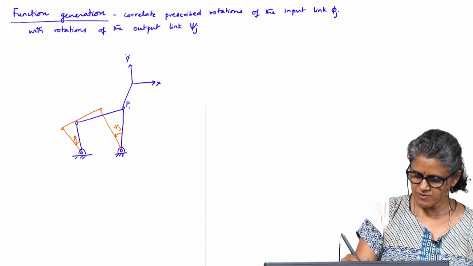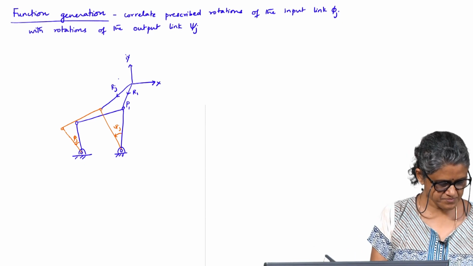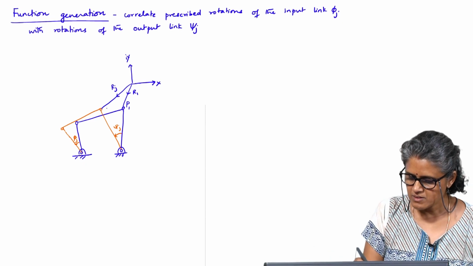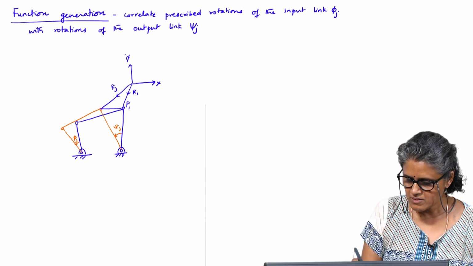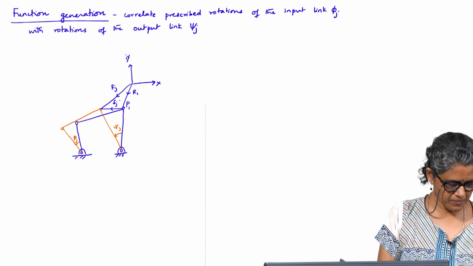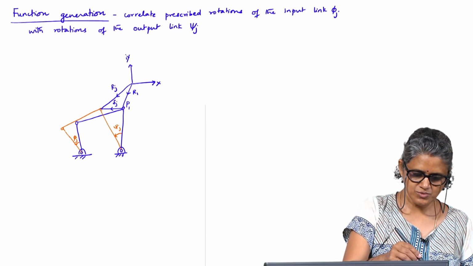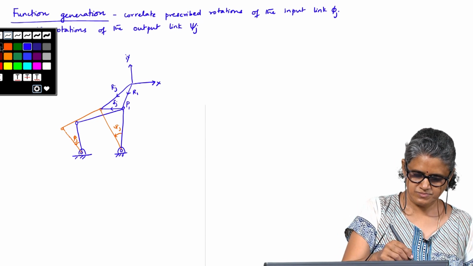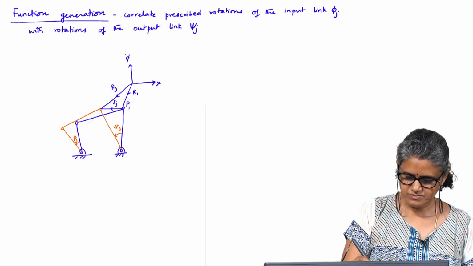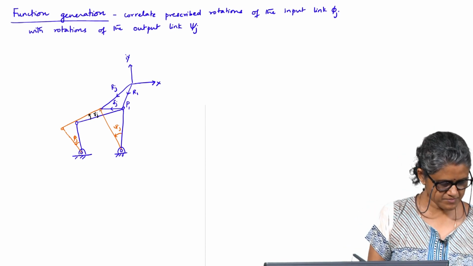So, if this is R1, Rj, delta j. Okay. The angle between these two will be gamma j.